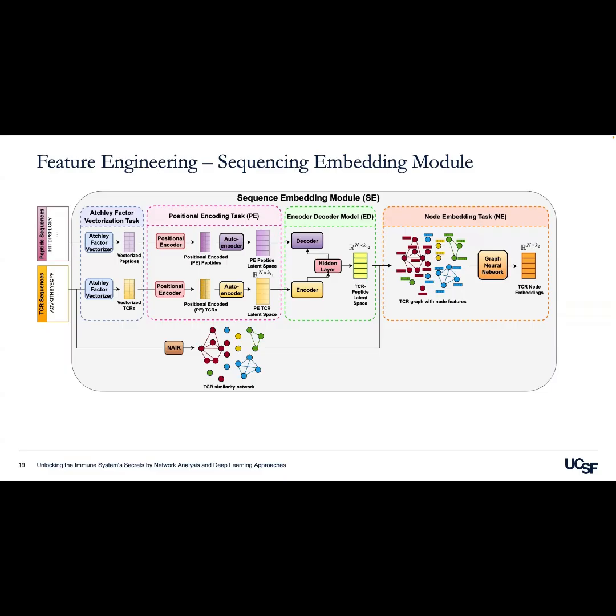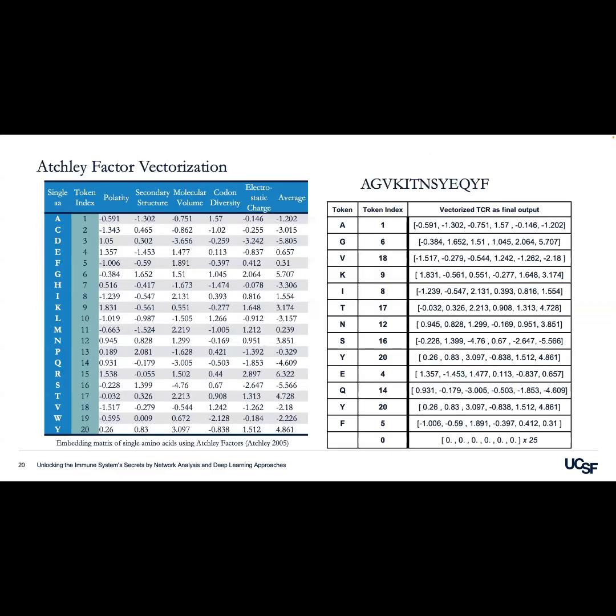People have already built prediction models just based on sequence. But if you use just the letter-based sequence, you basically treat it as a categorical variable, which is very difficult to deal with and decreases the performance of your prediction model. So the first thing we want to do is embed those letter-based sequences into numerical values.